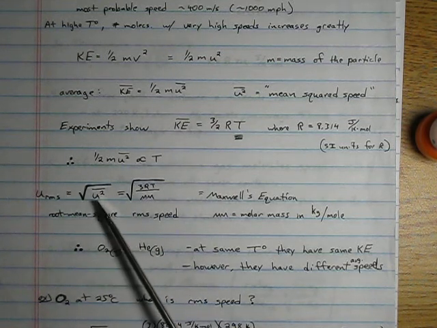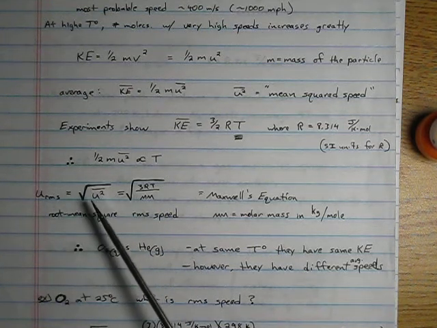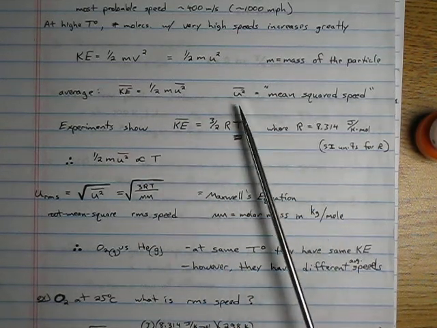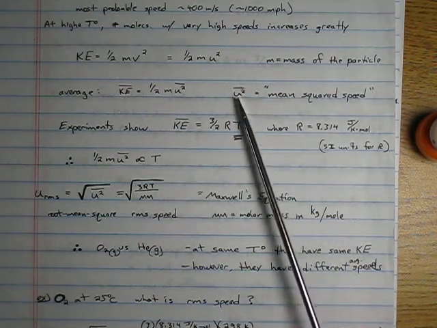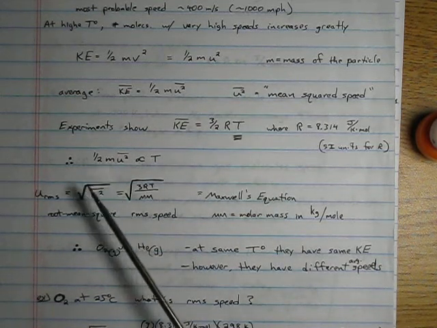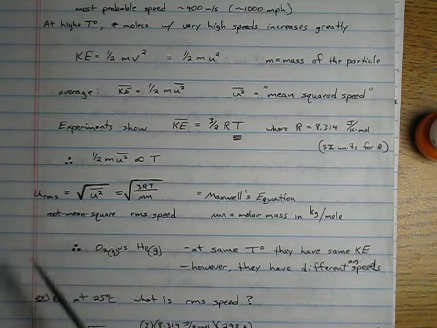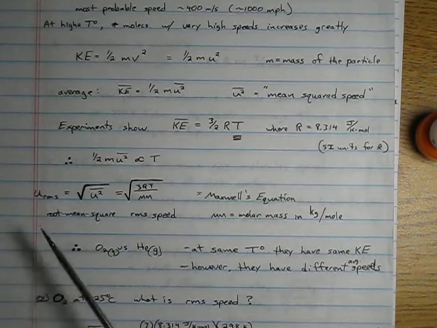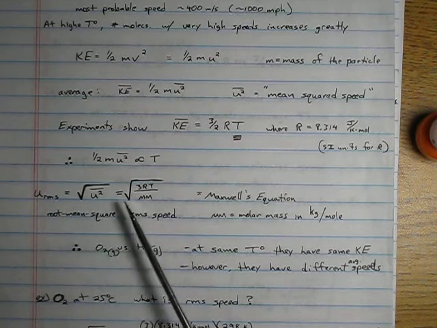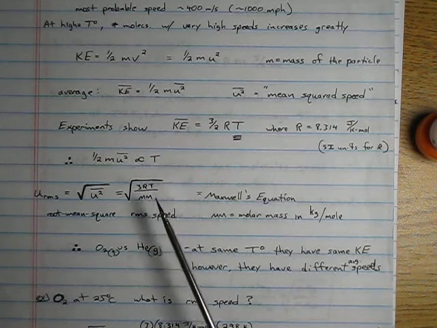If you want to know the speed itself, you have to take the square root. The square root of the mean squared speed, where u squared with a line is the mean squared speed, is called u RMS, the root mean square. So the root mean square equals the square root of 3RT divided by the molar mass.